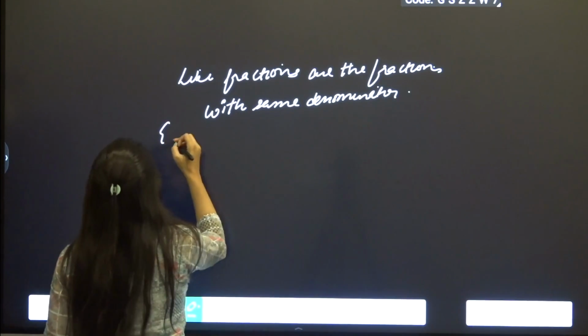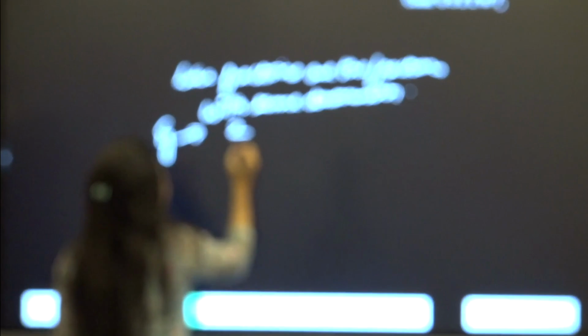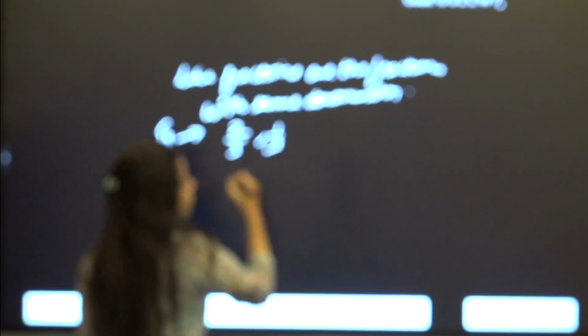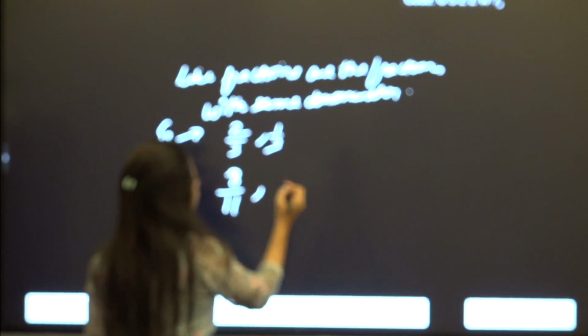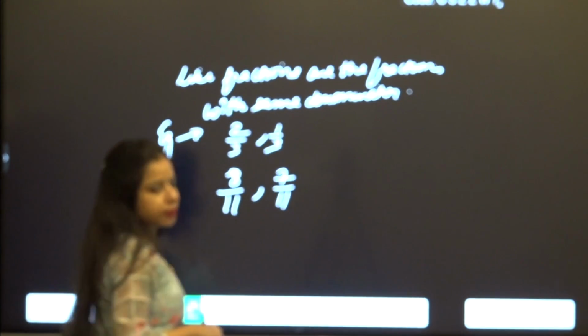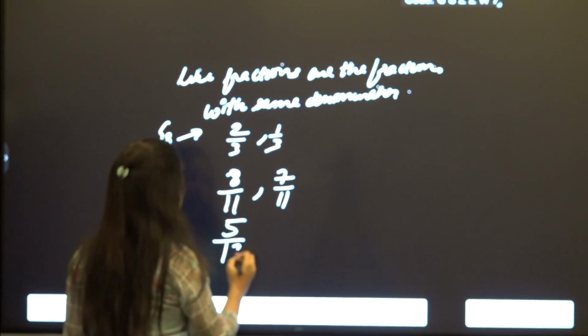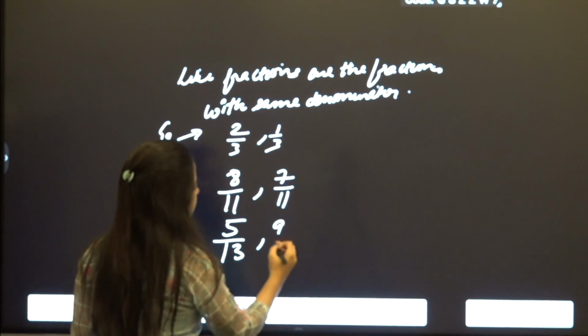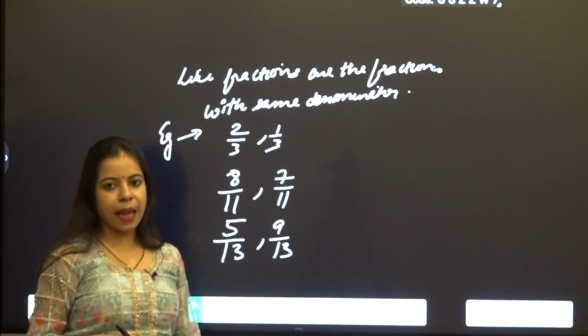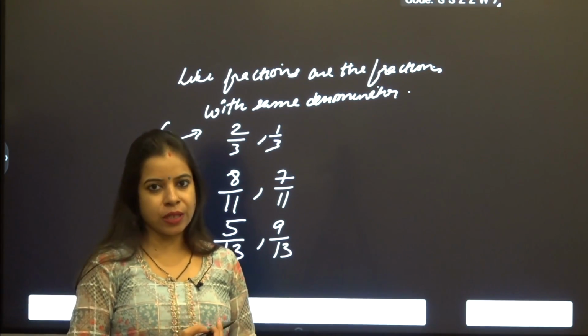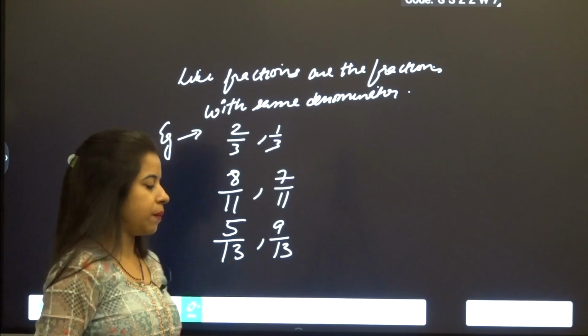For example, 2 by 3 and 1 by 3, 8 by 11 and 7 by 11, 5 by 13 and 9 by 13. These are examples of like fractions where the denominators are the same.